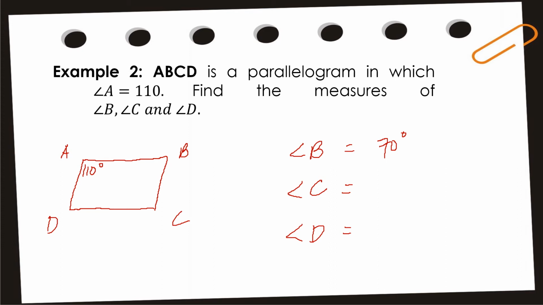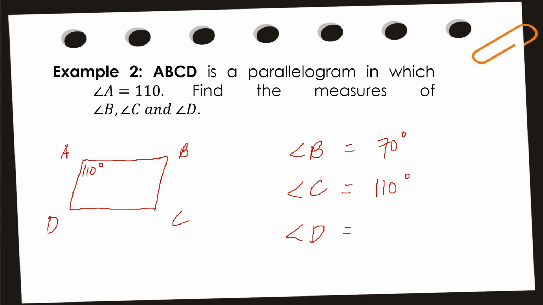Now, to solve for angle C, we apply the second property, which says that in a parallelogram, opposite angles are congruent. So if angle A and angle C are opposite angles, they are congruent, which means that if angle A measures 110 degrees, it follows that angle C also measures 110 degrees.